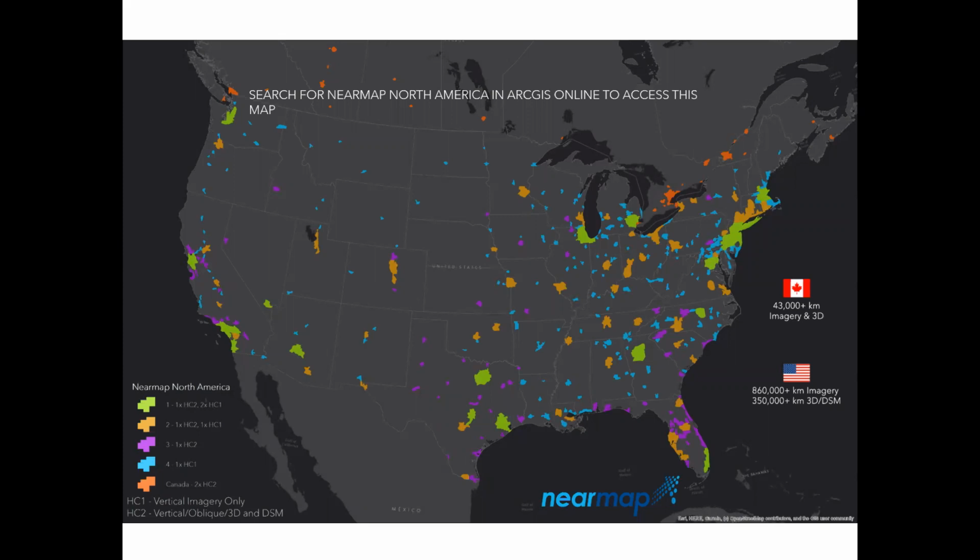The suburban areas in the purple, think Colorado Springs, are going to get 1 capture a year with our latest camera system. And then we have our less suburban areas, in those light blue regions, and they are just going to get 1 capture per year with our vertical camera system.